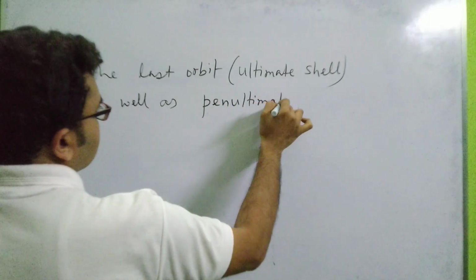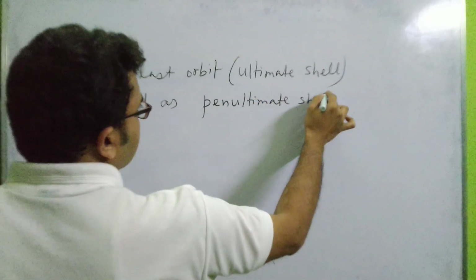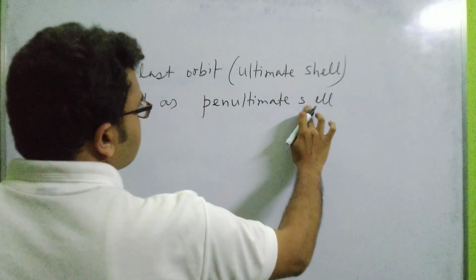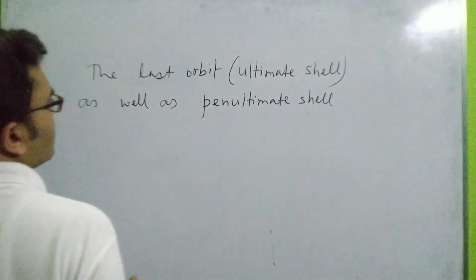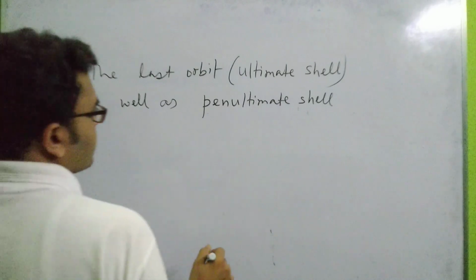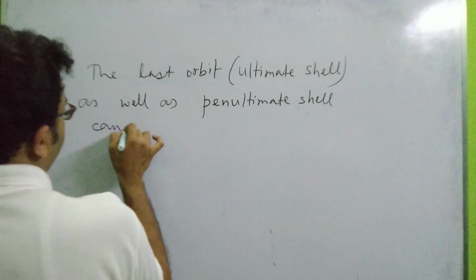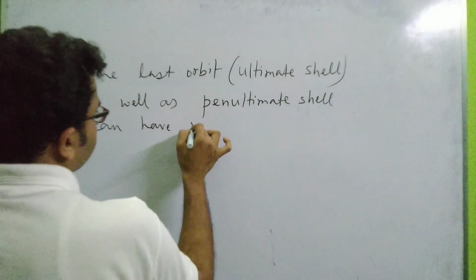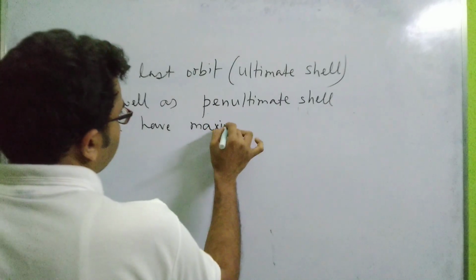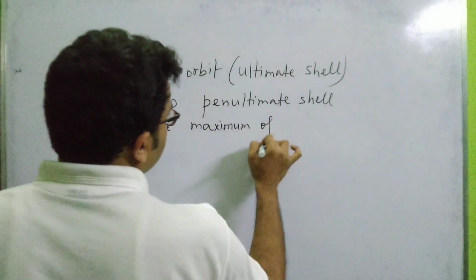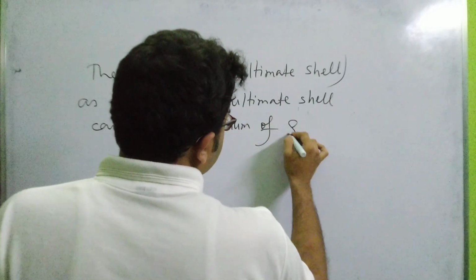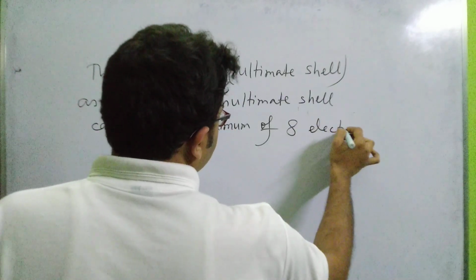Which is the penultimate shell? The shell which is just before the ultimate shell can have a maximum of 8 electrons. Okay, so this is the other rule.